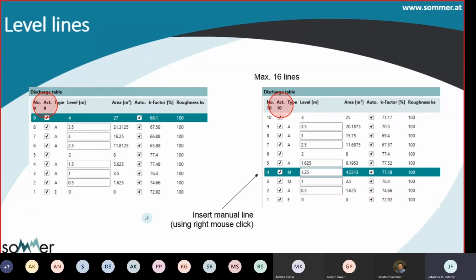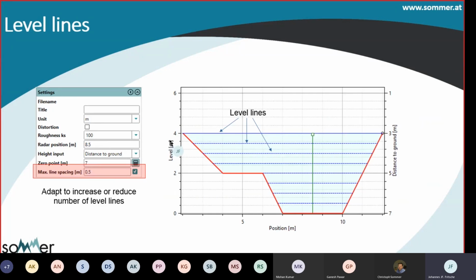When we look at the discharge table, we have different entries here. So we have a level line number. We have a tick mark that tells us whether the level line is active or not. We have the level, which corresponds to the illustration here.